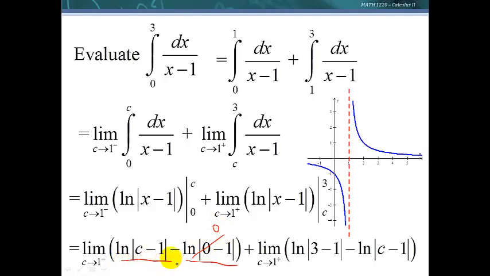But looking here, we need to let c approach 1 from the left hand side, and so if we think of the graph of natural log, as we let c approach 1, this will be approaching 0, and so we see that we will be going towards negative infinity. And because of that, we don't even need to work this other piece because this is going to be unbounded. And so therefore this integral diverges.